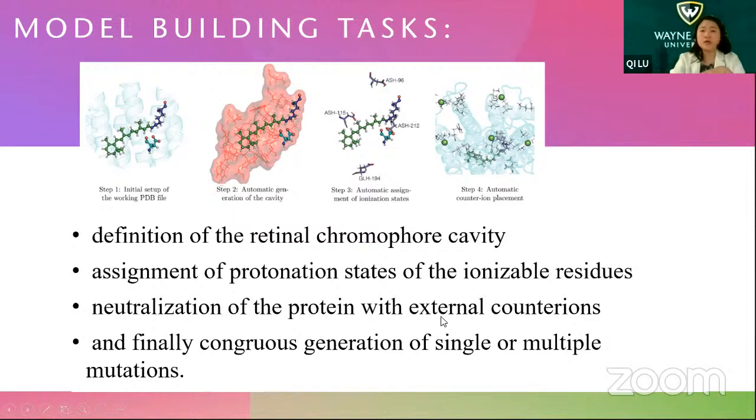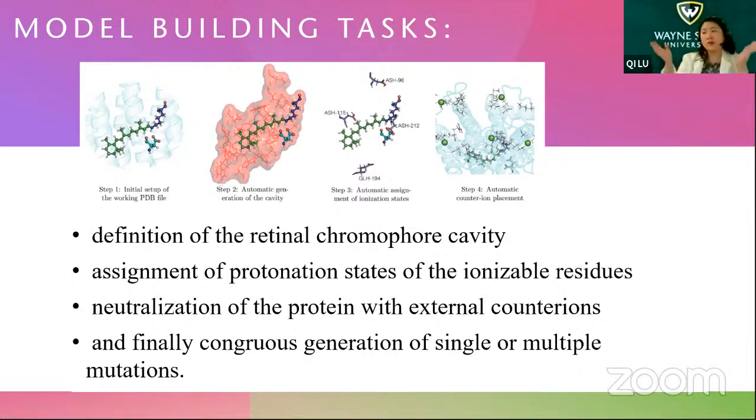Also some residues in the extracellular or intracellular part can function as an ion selective filter, and that's also important for the structure and function of the rhodopsin. We also need to find the counter ions.